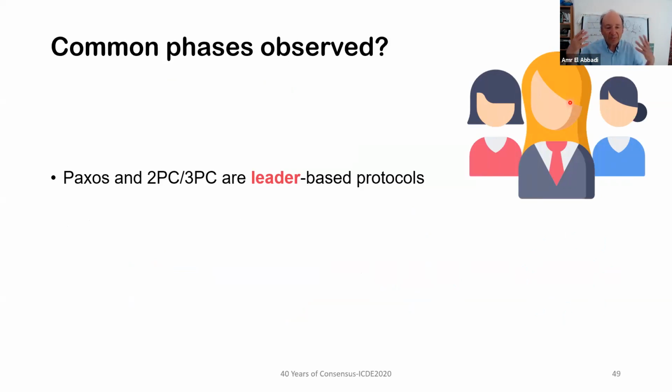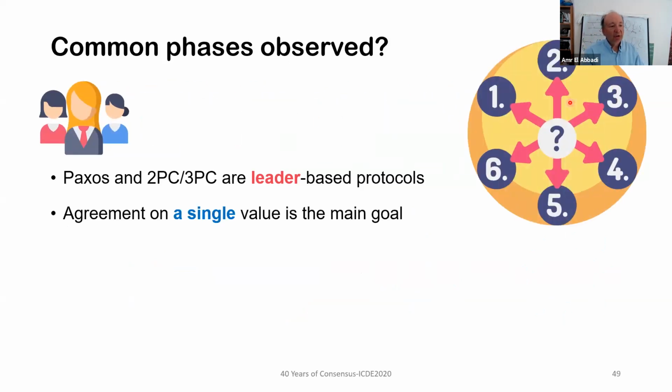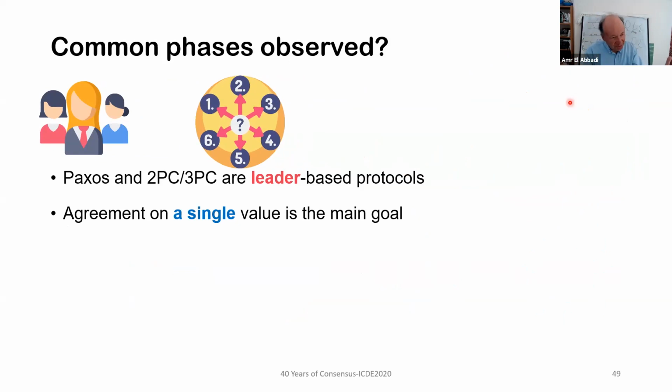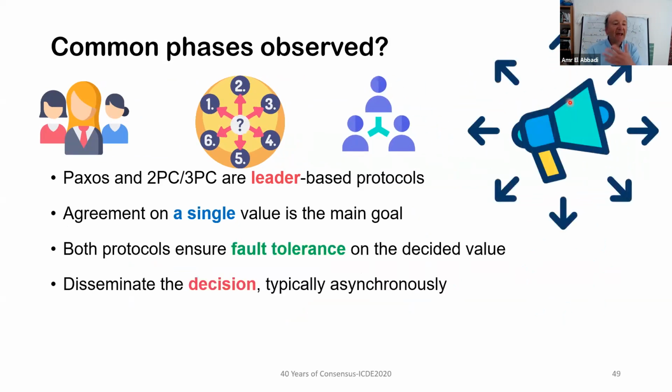So obviously, we have common things between Paxos consensus and commitment, two-phase and three-phase commit. They are both leader-based. They both need discovery at different times. They both need agreement, and they both have a decision.